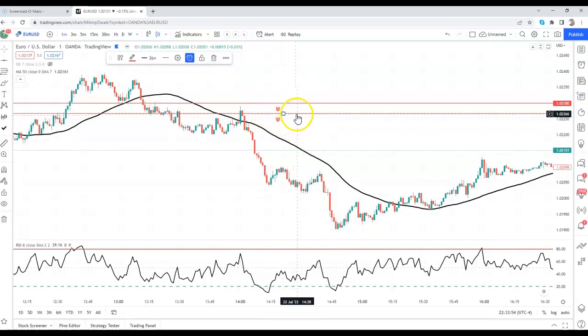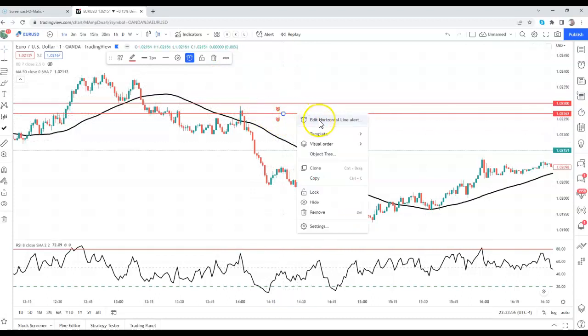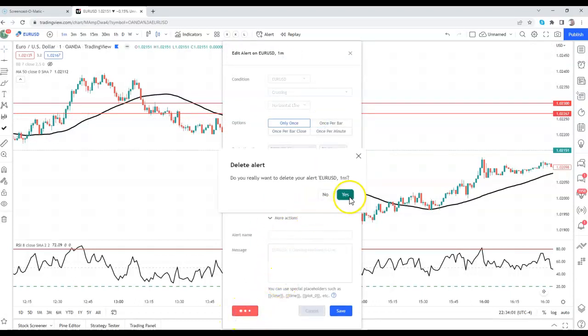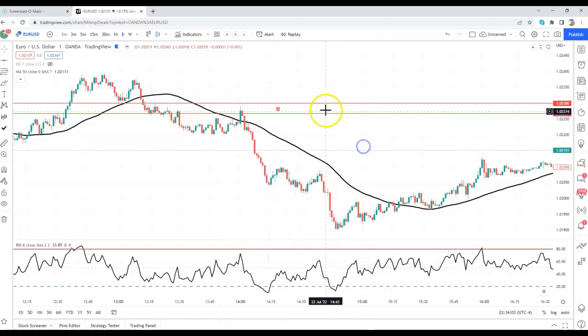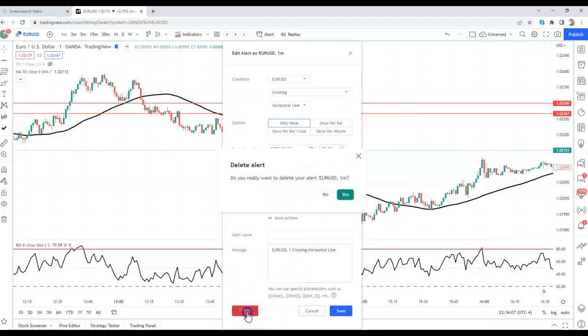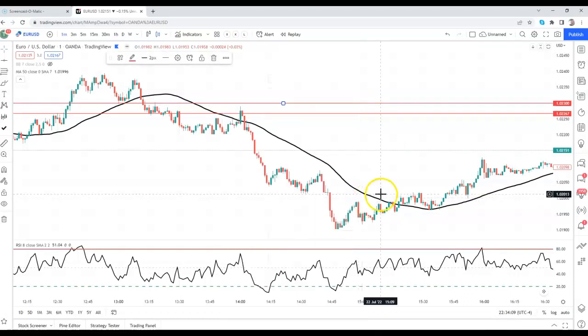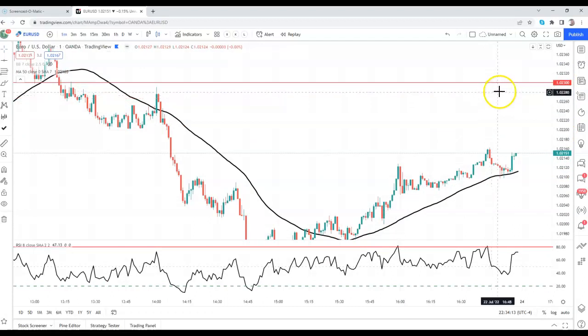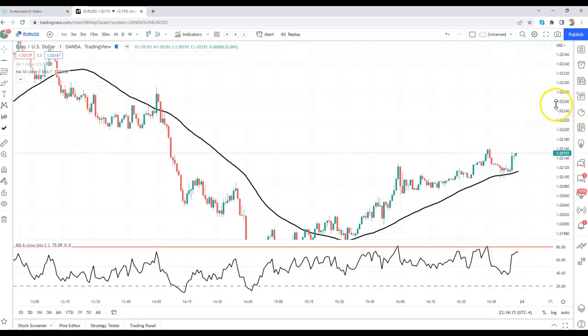If you want the alert off, again, you can right click it, edit horizontal line, click delete, and then yes, and now it's going to be deleted. Again, right click, edit horizontal alert, click delete, yes. Now the other way you can set an alert is, let me get rid of these, is over here at the price area.